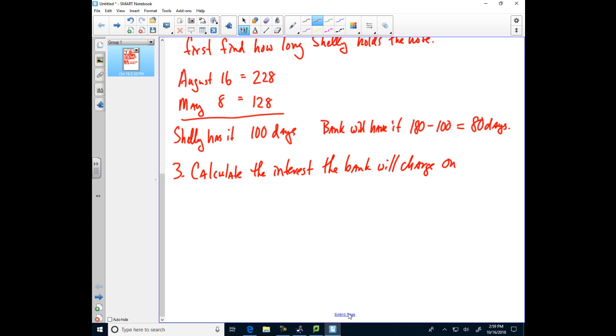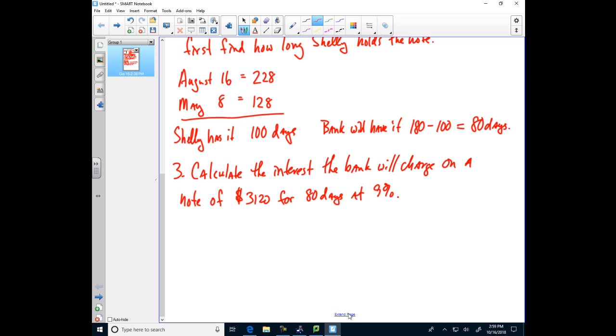on a note of, now here you use maturity value. So it's 3120 for 80 days at 9%. Okay?